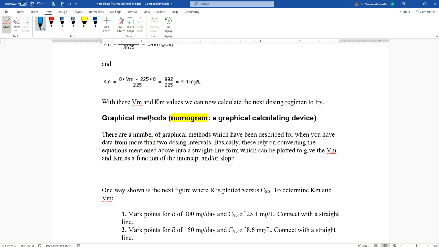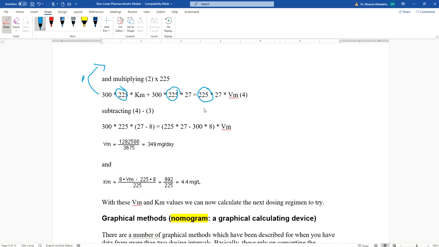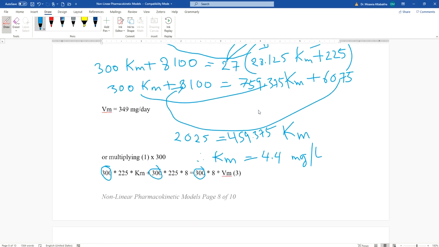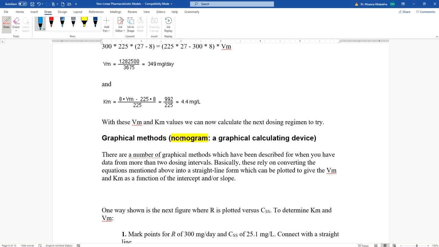If you go to the textbooks and literature, you will find that there are different graphical methods that will allow you to easily, instead of going through all these steps, which may be time consuming, through a graph, we call it nomogram, calculate the Vm and Km, and even determine the required dosing rate to achieve the target concentration.